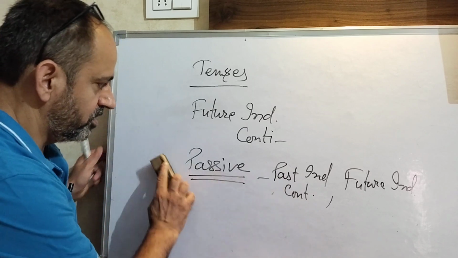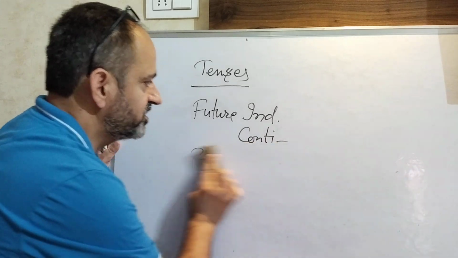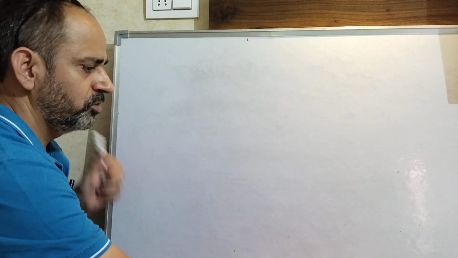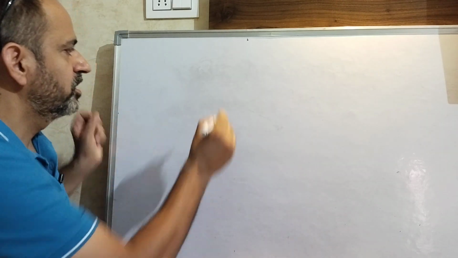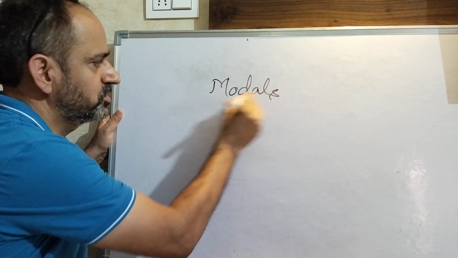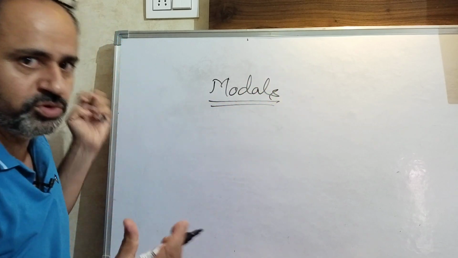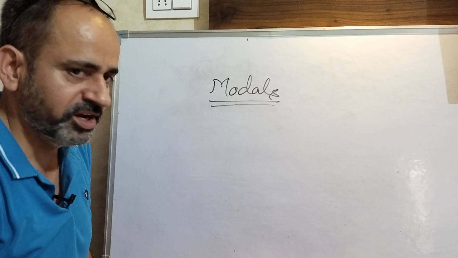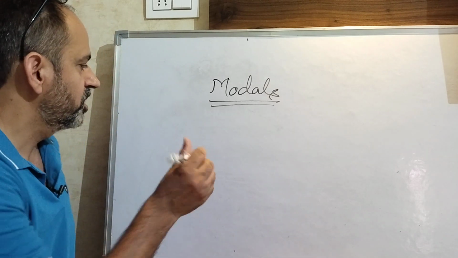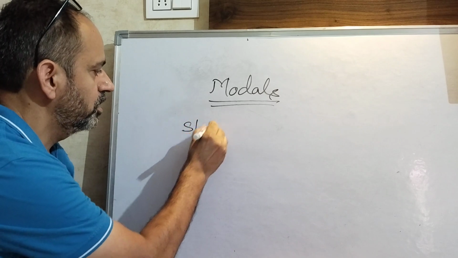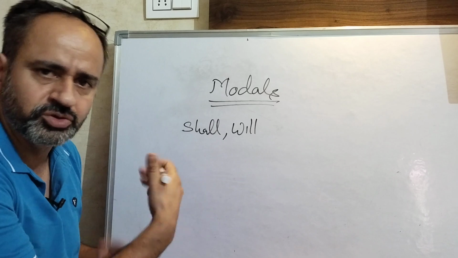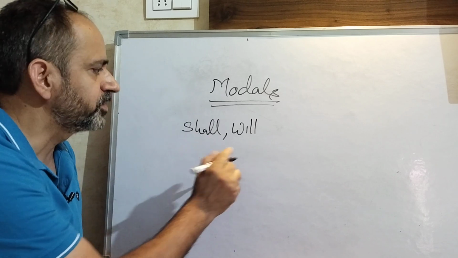Now after learning the passive of these tenses, you need to learn certain modals, not all, certain. Modals are those words which express the mood of the subject. Here you need to learn: shall, will, that you have already learned in future indefinite, so that will be covered over there.